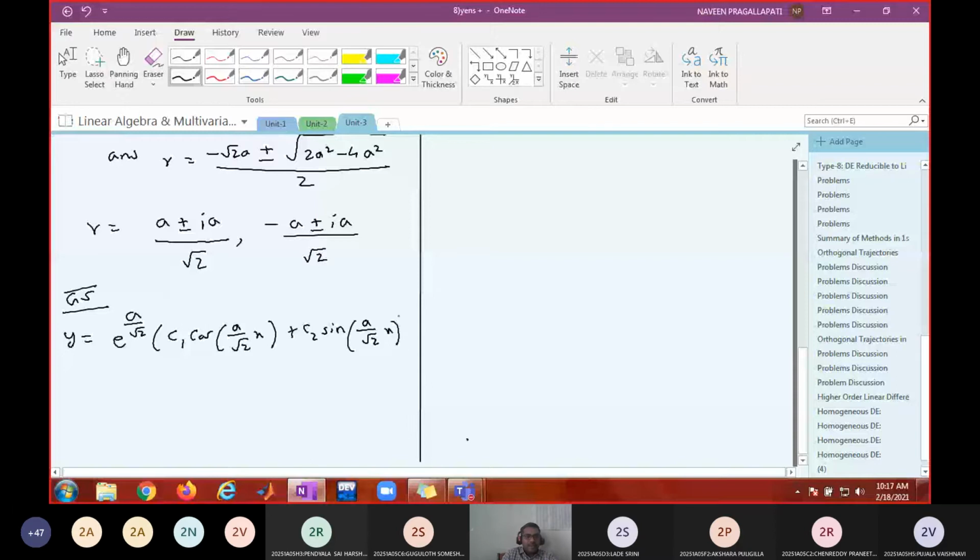One pair is over, plus e power minus a by root 2 x into c3 cos a by root 2 x plus c4 sin a by root 2 x. Is it okay?